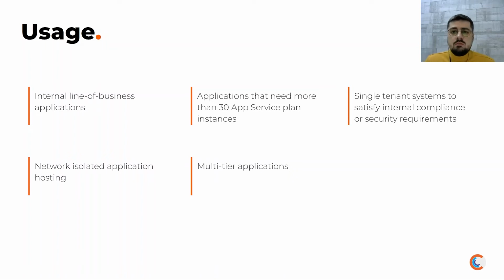You can create multiple app service environments in a single Azure region or across multiple Azure regions. This flexibility makes App Service Environment ideal for horizontal scaling of stateless applications with high RPS requirements.